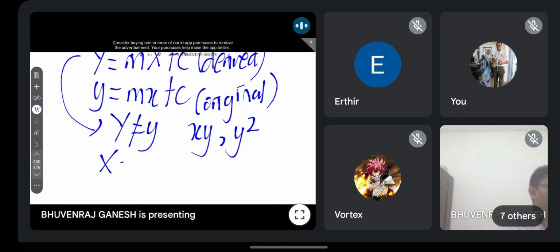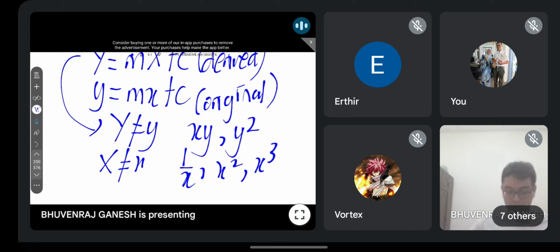X is not equal to the small x. Maybe can, but usually not equal. Kadang-kadang boleh, but majority of the time no. So maybe they will ask you to plot 1 over x, or maybe x square, or x cube. Do you get the idea up till now? Are you clear? This is the first thing you all must know in this chapter.